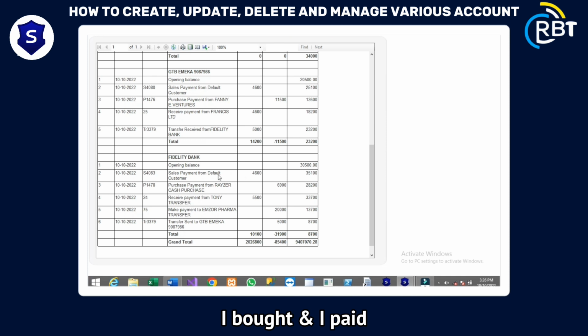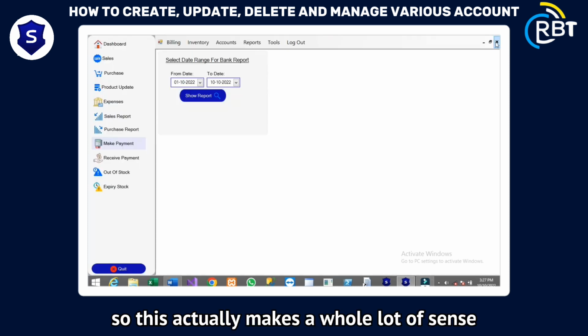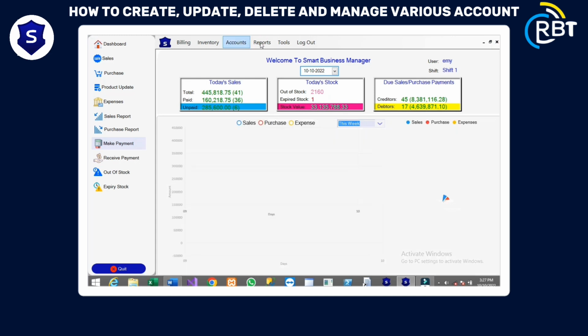I received payment of 4.6. It went up. I made a purchase of 6.9. It came down. I received money, 5.5. You can see what has happened to my Fidelity Bank account, right? And see the balance here. So this is the total balance of all the things that have been happening in my account. So this actually makes a whole lot of sense.